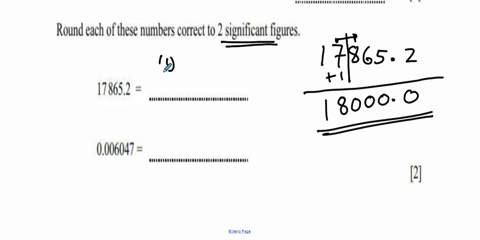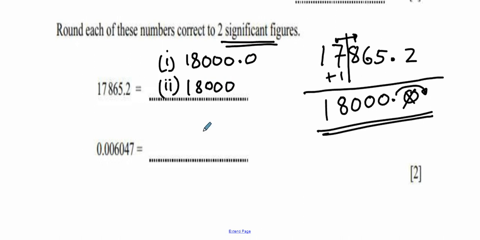So answer number 1 is 1800.0. Answer number 2, do you remember the theory? A 0 after the decimal point can be cancelled. So 1800. Please, I repeat, this is a whole number. 1800.